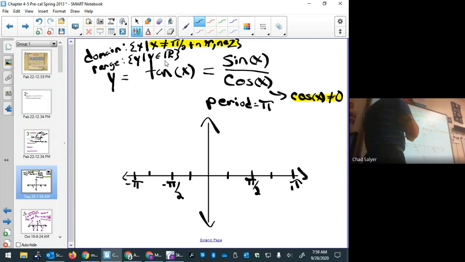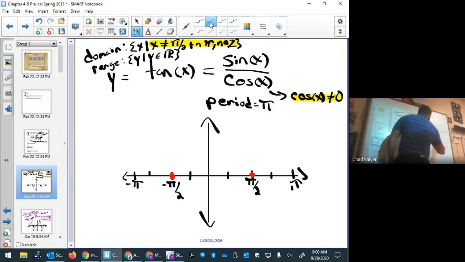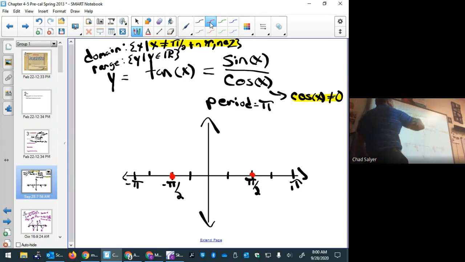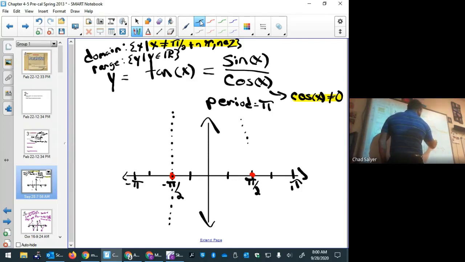But remember, the zeros of the cosine function pose a problem for us. They occurred here, here, and then we could go pi units and account for more of them if it were necessary, but it's not necessary to accomplish our task. Everywhere these zeros of cosine occur, we have division by zero and a vertical asymptote.